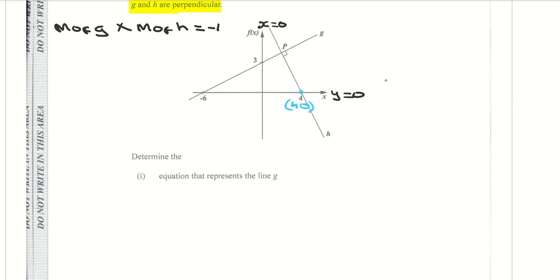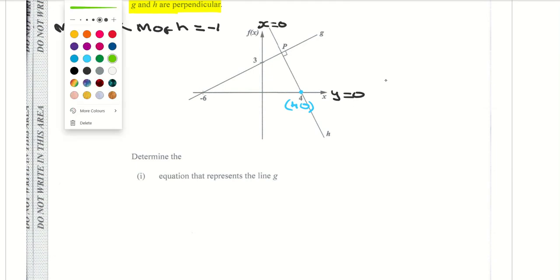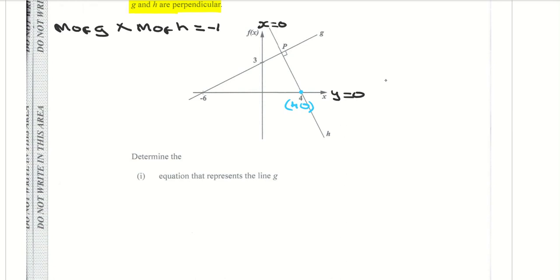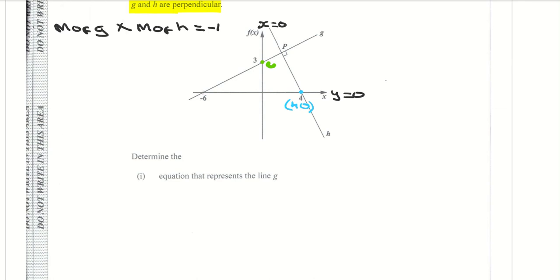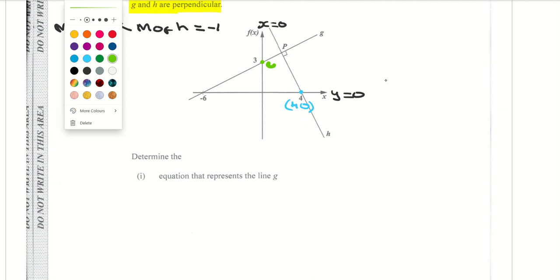This coordinate here is on your y-axis, so again, x is equal to 0, and y is equal to 3.